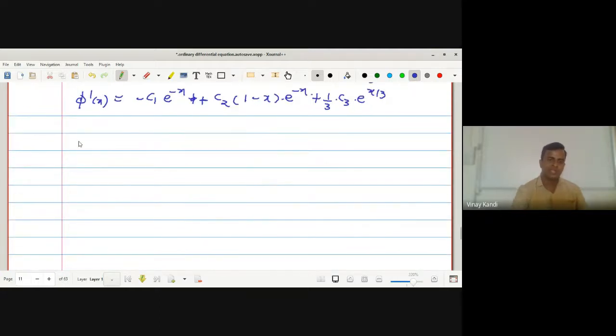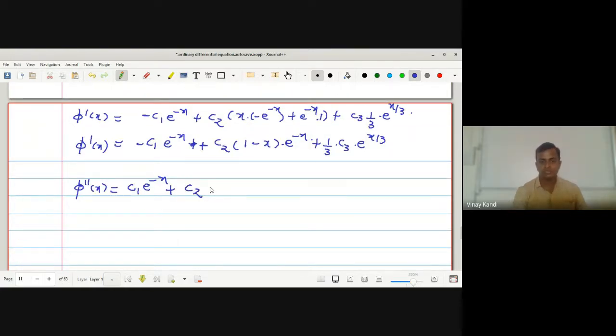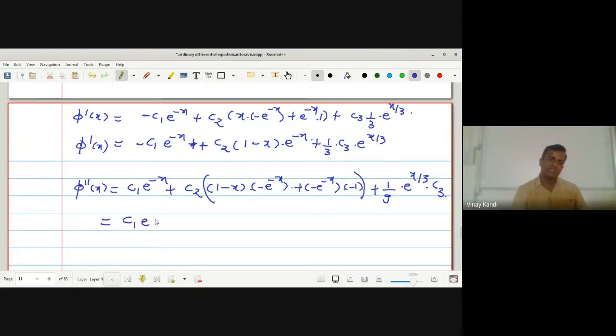Now y''(x) is equal to c1 e^(-x) plus c2 as it is, derivative of second, plus second as it is -x, derivative of first one is -1, plus (1/9) e^(x/3) c3. That is c1 e^(-x) plus c2 e^(-x) common, what remains is -1 + x, this minus minus gets plus 1.